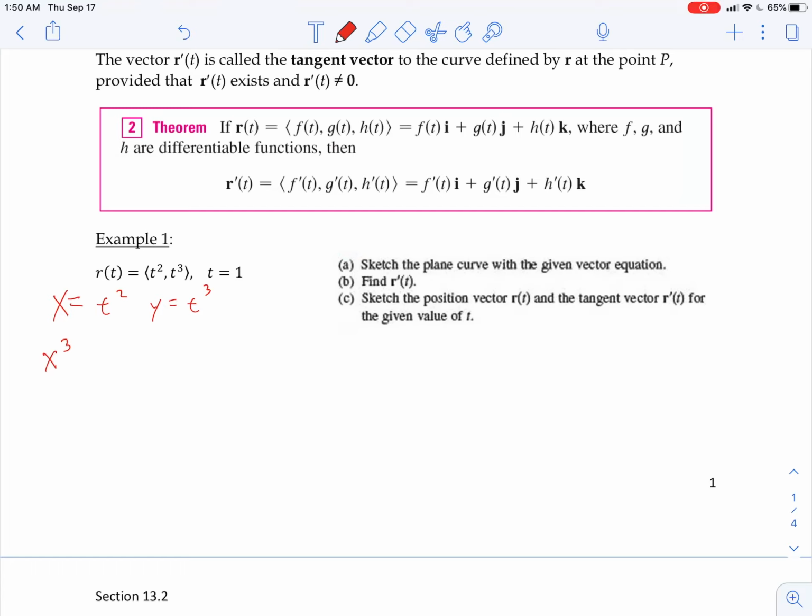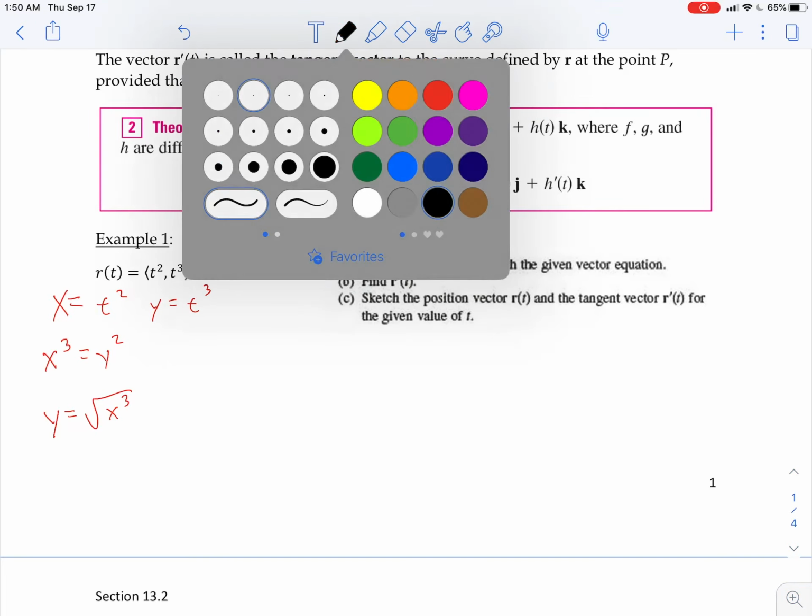I know that x cubed is t to the 6, and y squared is t to the 6. So I'm going to set x cubed equal to y squared and solve for y. So y is equal to the square root of x cubed. Again, you could have solved this the other way and said x is equal to the cube root of y squared.